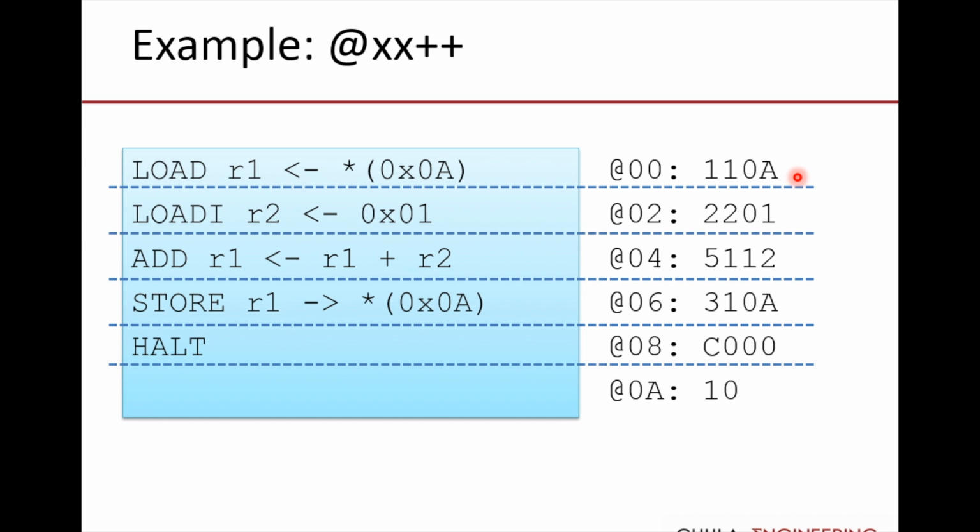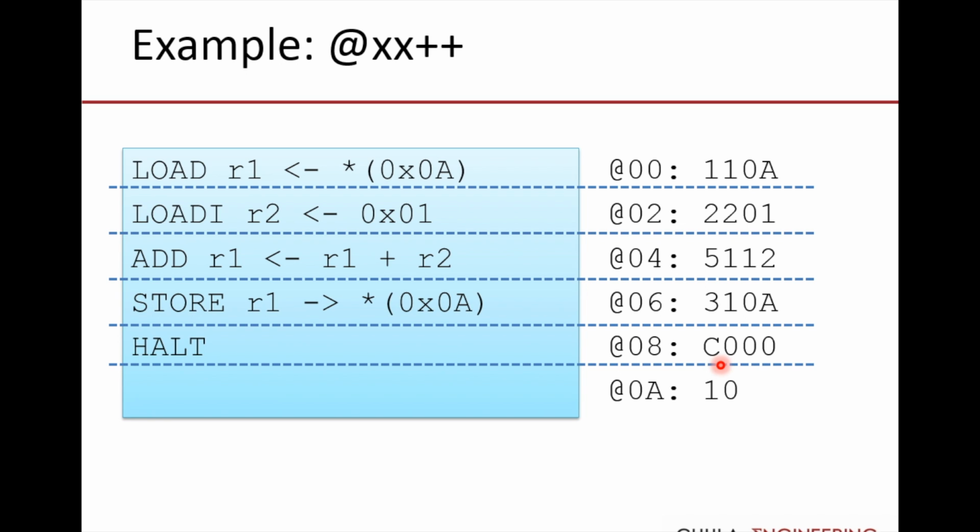The first one loads the content of memory 0A, while this one loads the value 01 into the register directly. Next is 5112, which is the addition instruction to add two registers together. Then we have 310A, which stores the value from register 1 to the memory address 0A.